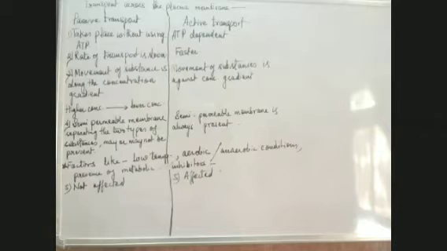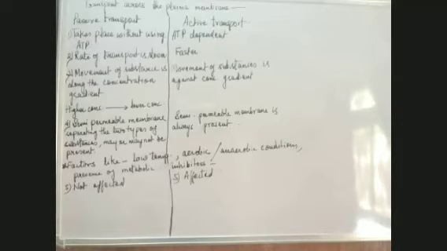So all these factors have an effect on the rate of active transport, not passive transport. These factors, low temperature, aerobic, anaerobic conditions, presence of metabolic inhibitors, they all affect the rate of active transport.